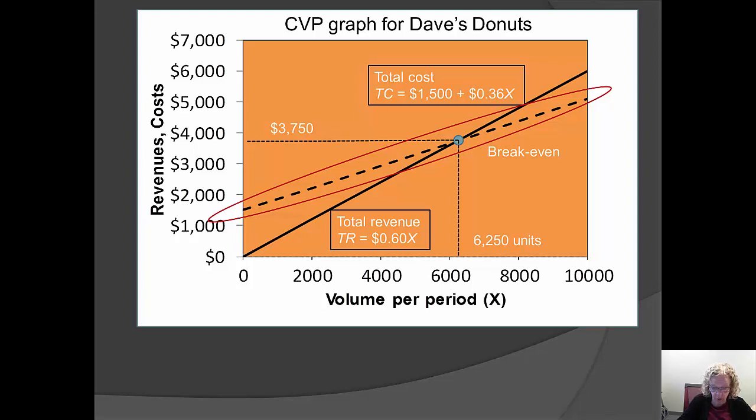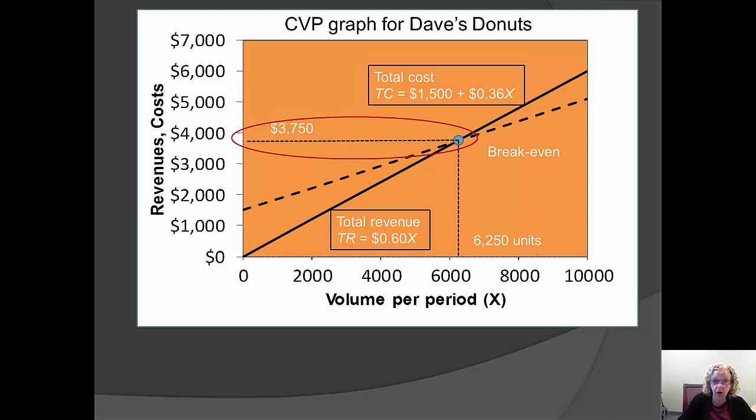Where the two lines cross, that represents break even. That's the point where the total revenue is exactly equal to the total cost and there is no profit, no loss. If you project down to the x-axis, you can see that that occurs at 6,250 units.